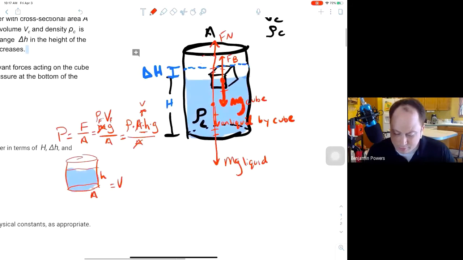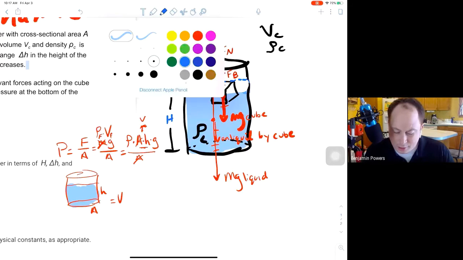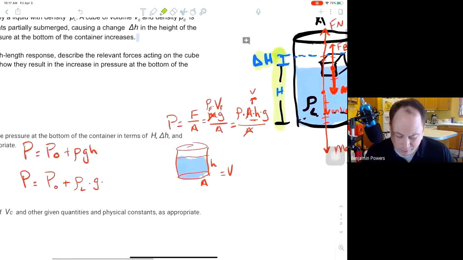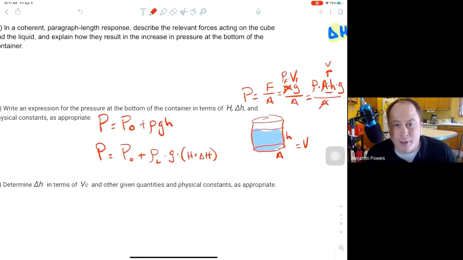Let's go back over this column. When the cube is in there, it's these two put together, so delta H and H all put together. That's really the height of the column that we want to use. So we'll give that in terms of H plus delta H. And that would be how we solve that one.